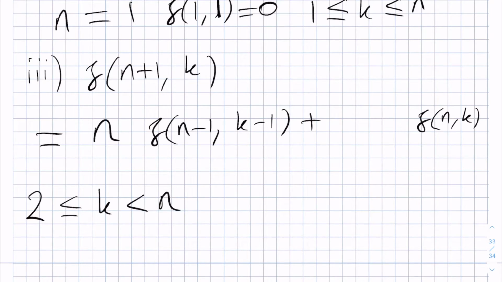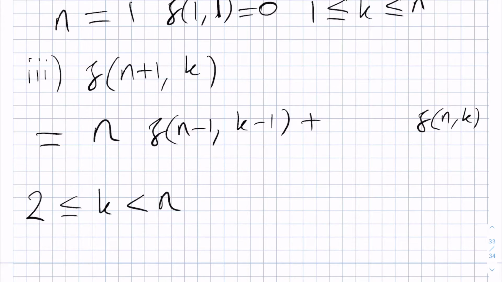The second bullet point says to take an allowable partition of 1, 2 up to n and just add the n plus 1 onto the end of one of the existing subsets in that partition. The number of subsets will not change, so we'll have k subsets still, and we're looking at the allowable partition of 1, 2 up to n, and so we have an n here.